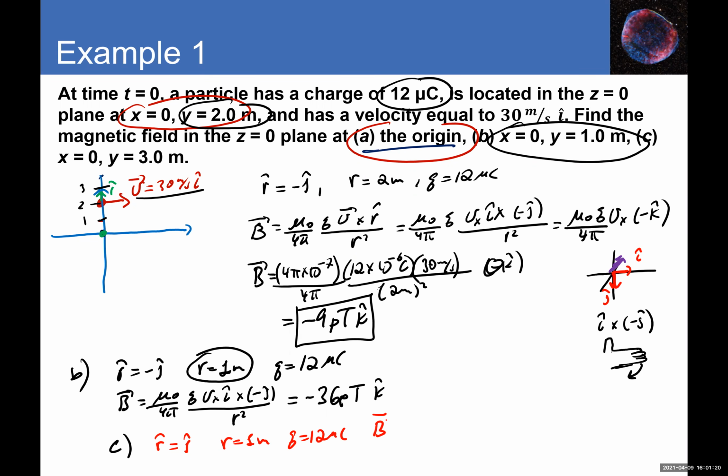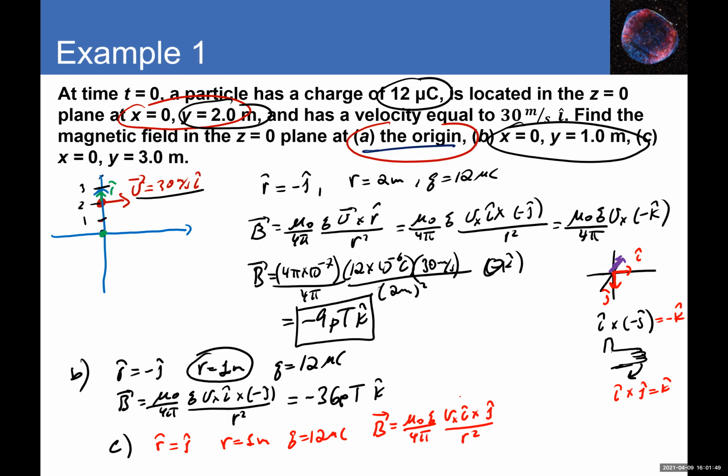Then if I calculate the magnetic field, it will be mu naught Q over 4 pi, then Vx I hat cross J hat divided by R squared. One thing we will see is that I hat cross J hat gives K hat, rather than the negative K hat that I got previously.